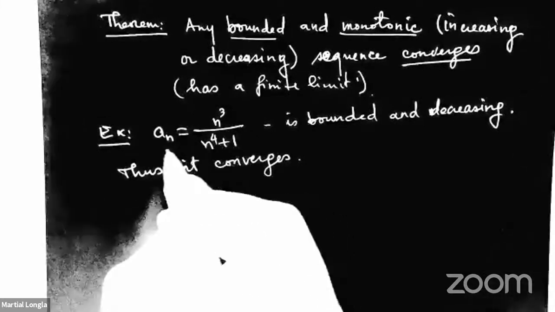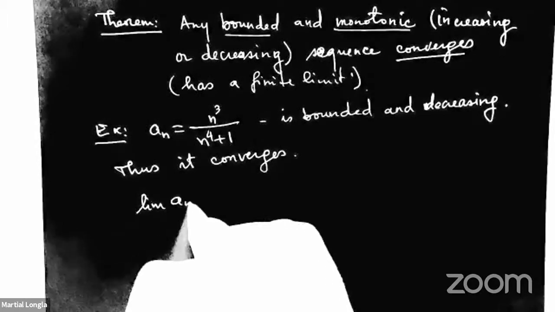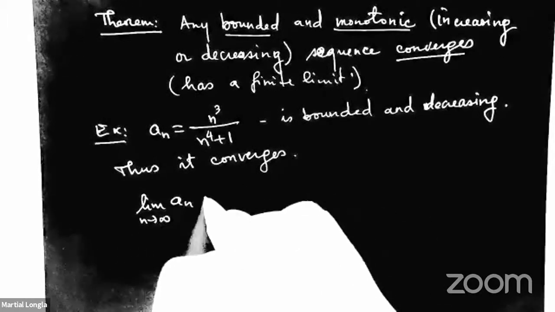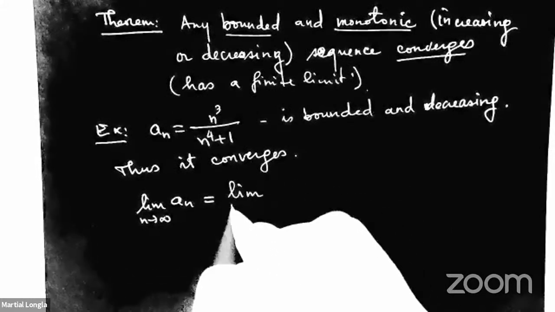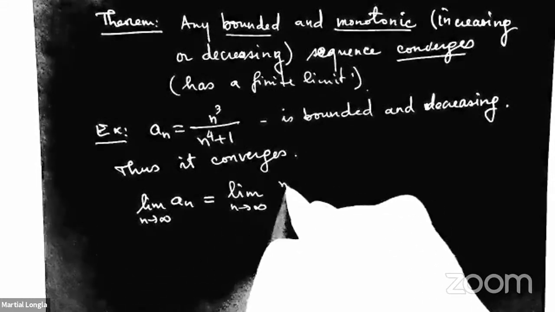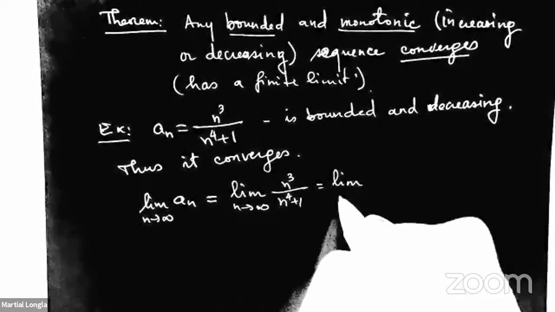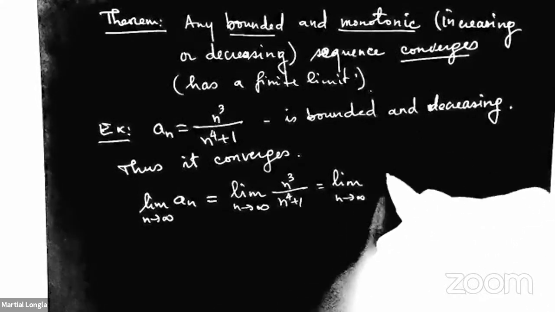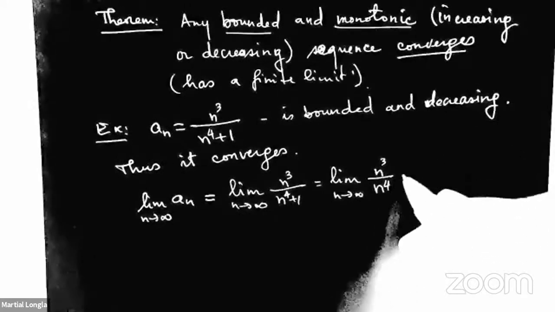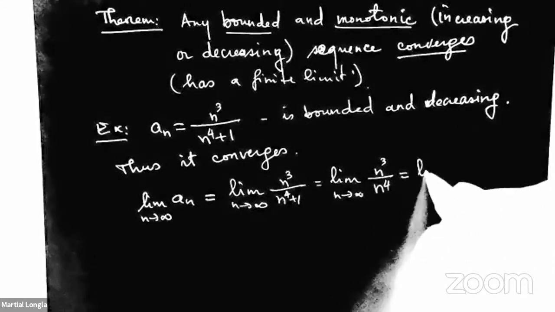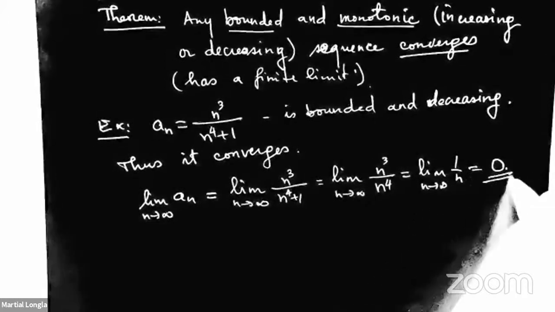On the other hand, we could actually find the limit of this sequence. Limit of a_n as n goes to infinity equals limit as n goes to infinity of n cubed over n to the fourth plus 1, which is limit as n goes to infinity of n cubed over n to the fourth, the ratio of the highest powers of n, which is limit as n goes to infinity of 1 over n, and this is 0.